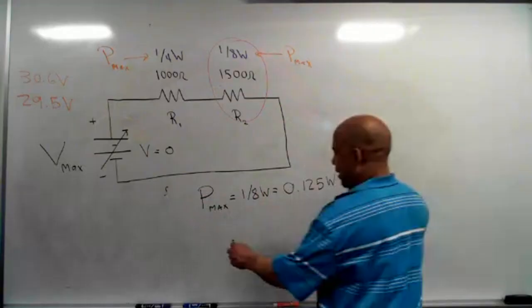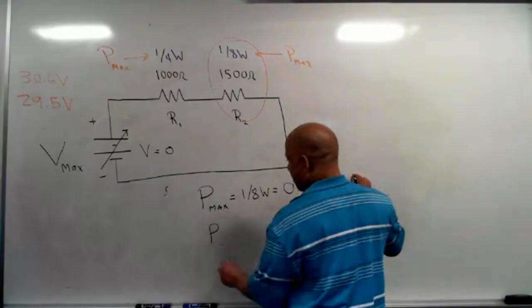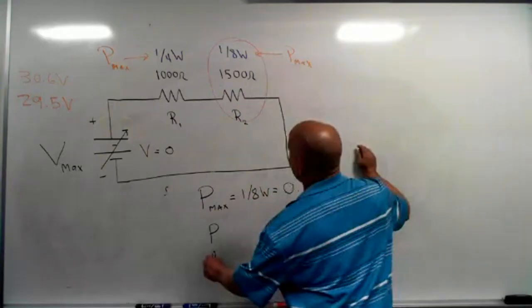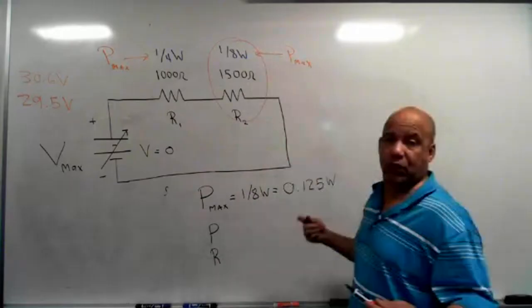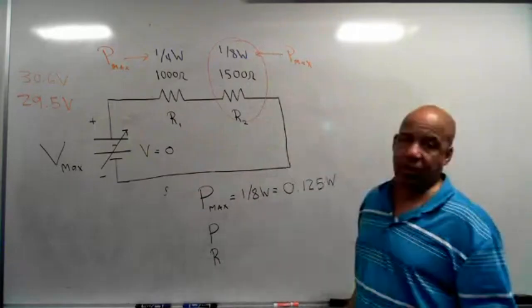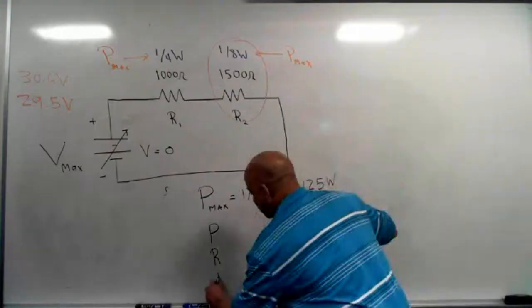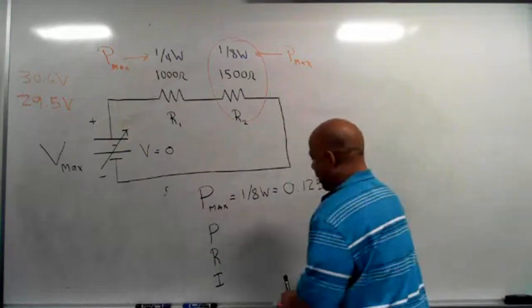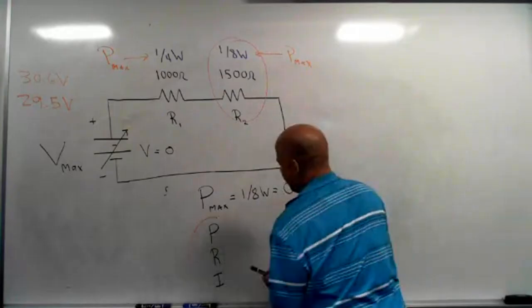Given the power, the max power, and given the resistance, I know the resistance, I can find either voltage or current. Since this is a series circuit, I'm going to choose to find current. I don't have to, I can find voltage, but I want to choose to find current. So here's the list right here, what I know and what I'm looking for.